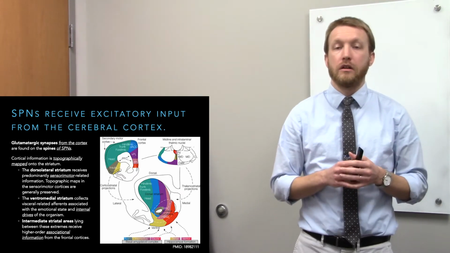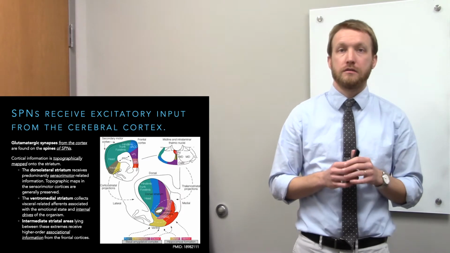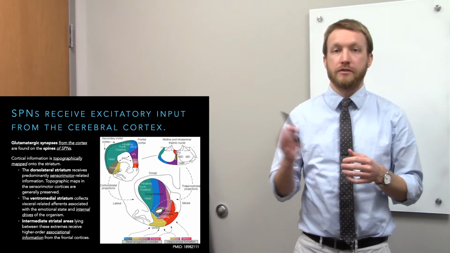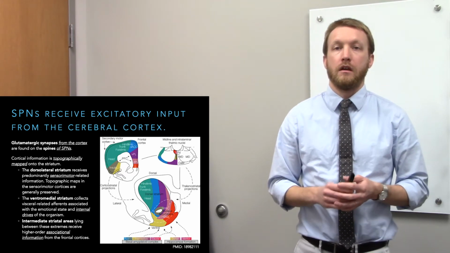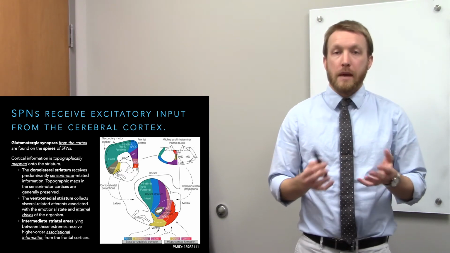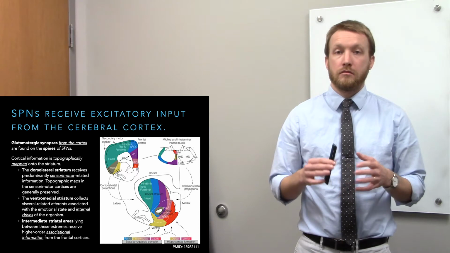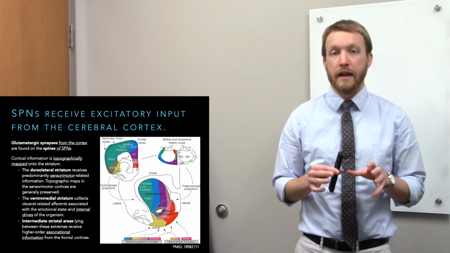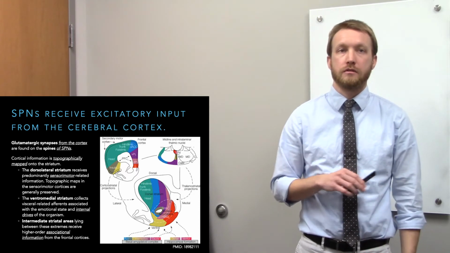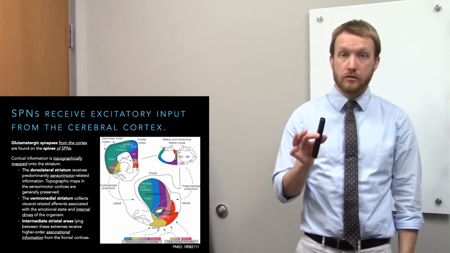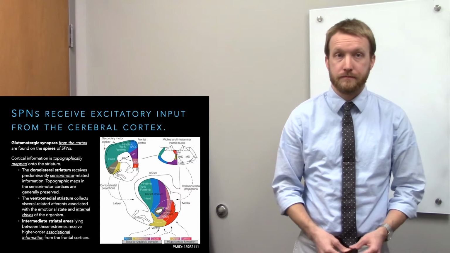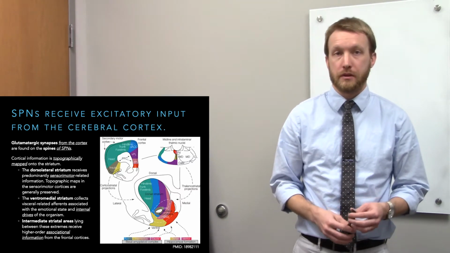Just like we have in all of our other sensory motor regions, there's a place for the head, a place for the forelimb, a place for the trunk, and the hind limbs, of course. We have a map of our body that allows us to then select certain actions related to those parts of the body. The nucleus accumbens, or the ventral medial striatum, is going to get input more from limbic regions.